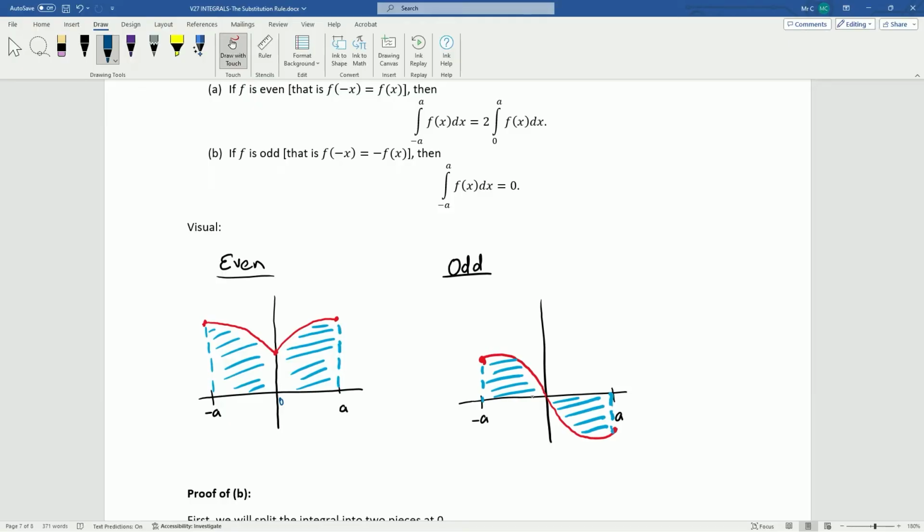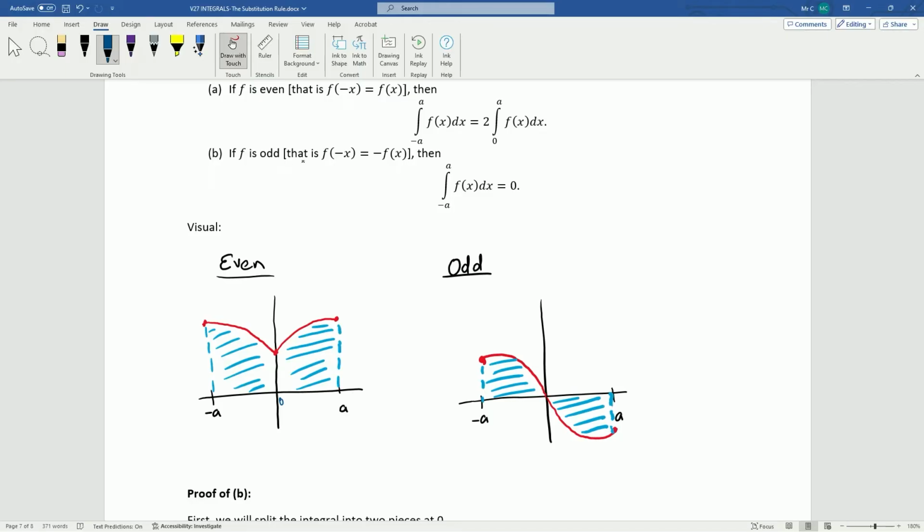In this case, we've drawn this function where the positive side is on the left, so you get a positive area here. And then this part of the integral will be negative. The area itself is positive, but remember, the integral treats areas under the x-axis as having negative value. So this portion is going to be the negative of this, and those are going to cancel out when you take your integral.